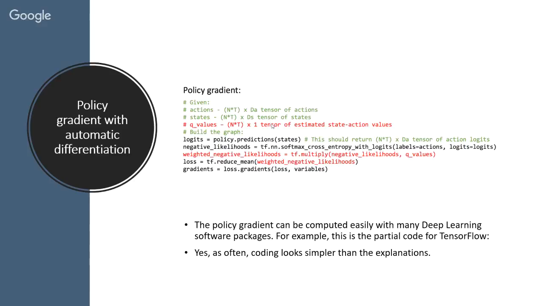For example, this is partial code for TensorFlow. Yes, as often, coding looks simpler than explanations. So what you've got here is logits, using softmax. We've got the loss with reduce mean and the gradients. Quite basic.